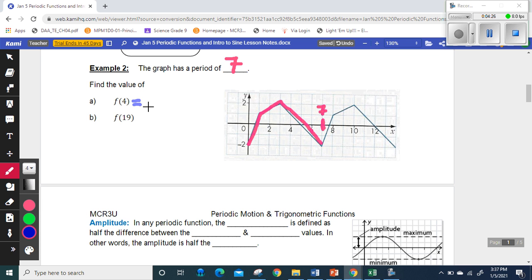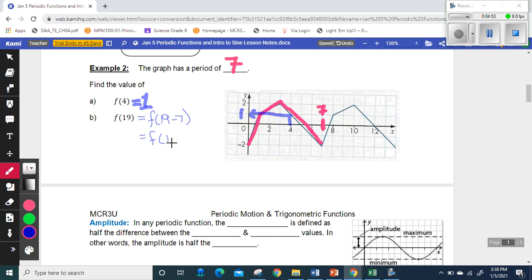So f of 4. That means what's my y value when x is 4? When x is 4, it comes up, comes over, f of 4 equals 1. f of 19, sure. Okay, fine, read across. Oh, it doesn't go all the way to 19. Oh dear. Well, we know the period is 7. So f of 19 is going to be the same thing as the function at 19 minus 7.